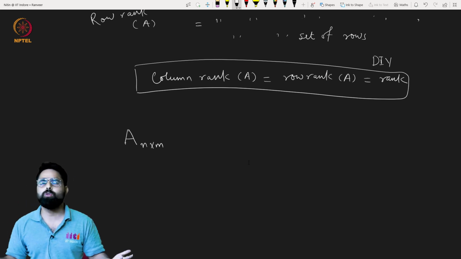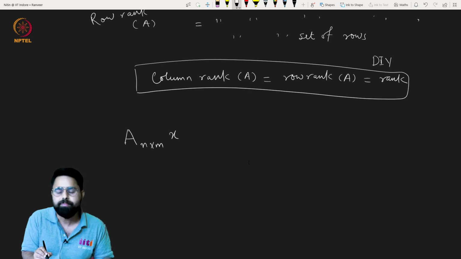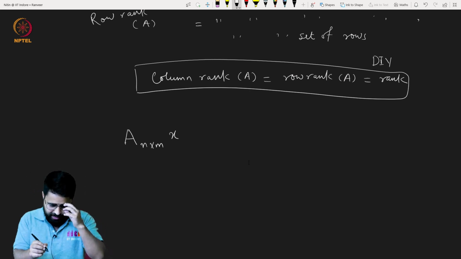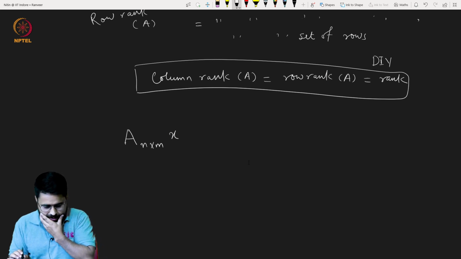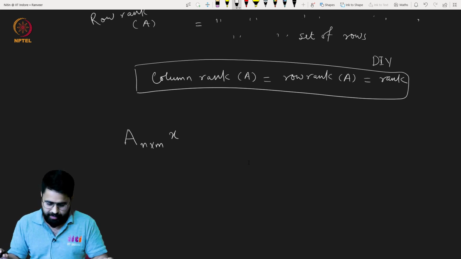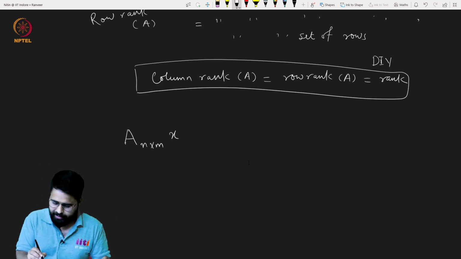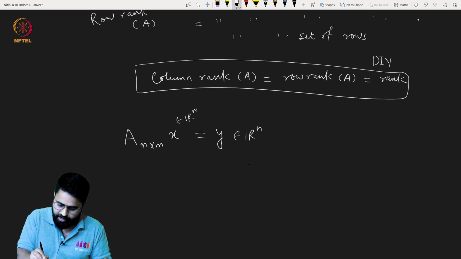What happens when we multiply a matrix with a vector? Suppose a vector x has m entries, because A is n cross m. This is necessary in order to define the product. So this will give you some other vector y. Remember, y will be in R^n and x will be in R^m.